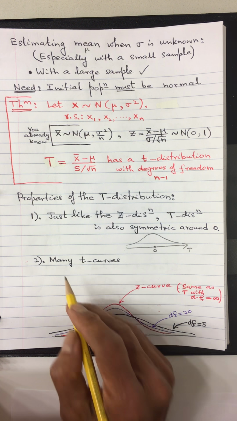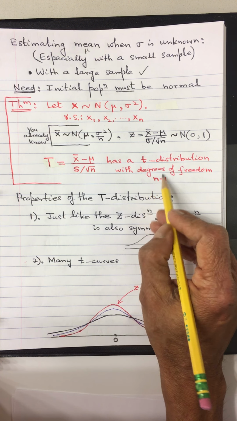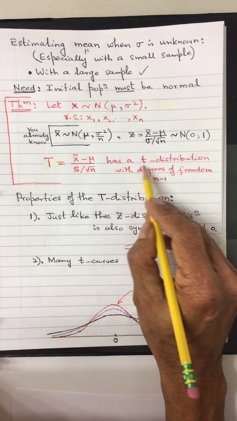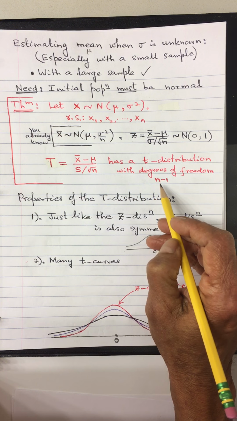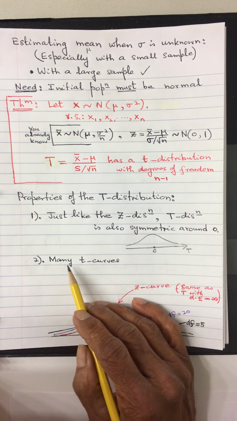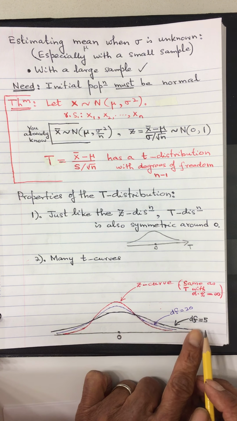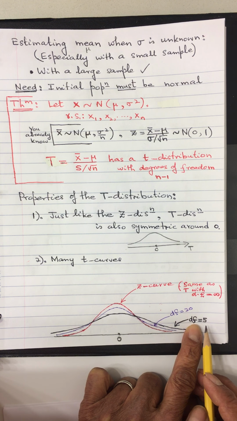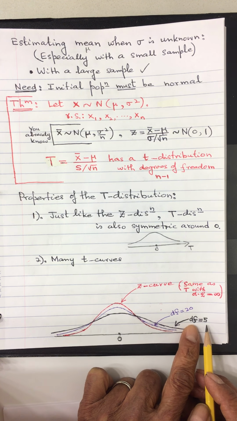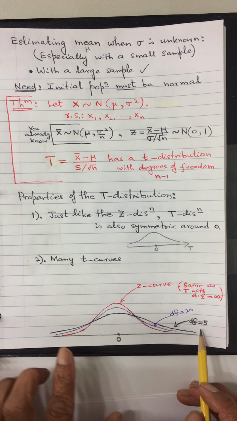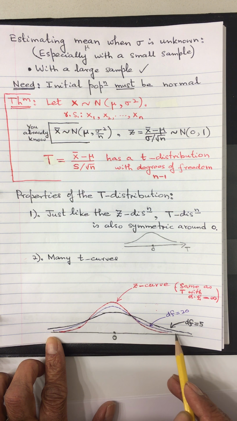The second property is that there are many t curves. That's why I said this follows a t distribution with degrees of freedom, which is the parameter for the t distribution, the sample size minus 1. For example, if the degrees of freedom is 5, technically we are looking at sample size 6, 6 minus 1, which is 5. The t curve, the black line, is going to look like that.